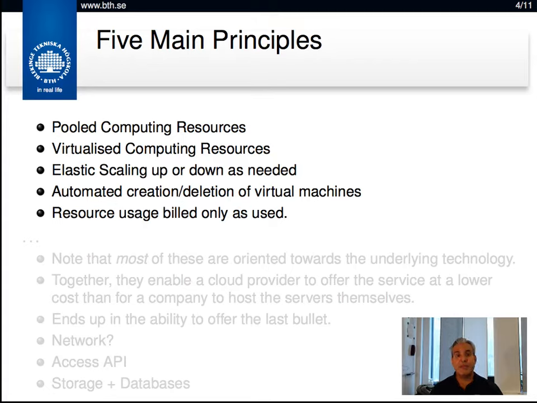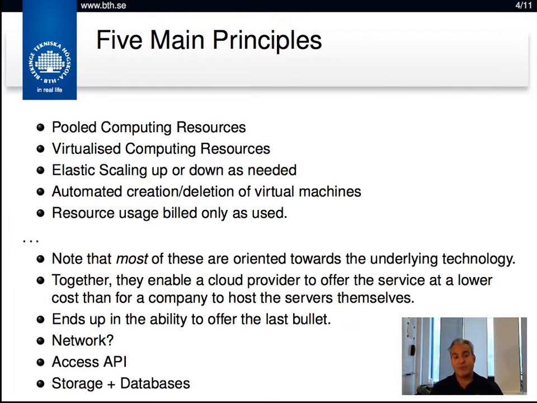And this is automated, so we can easily add new machines. We don't have to go in and do a lot of manual work to get up a new machine or remove an old one. We only pay for what we actually use at the moment, so we can easily experiment with adding a machine and removing them, and we don't have to pay for the excess capacity when they're not running.